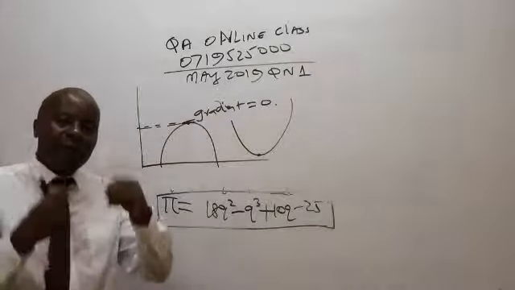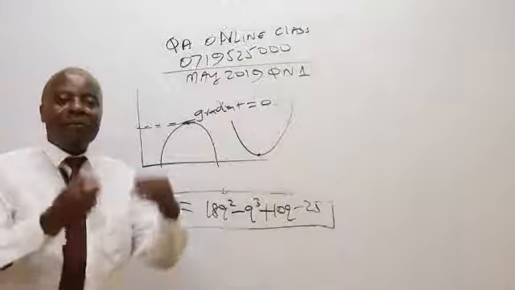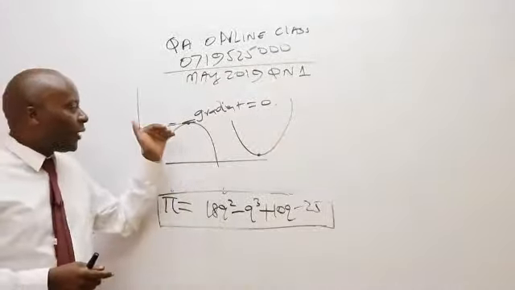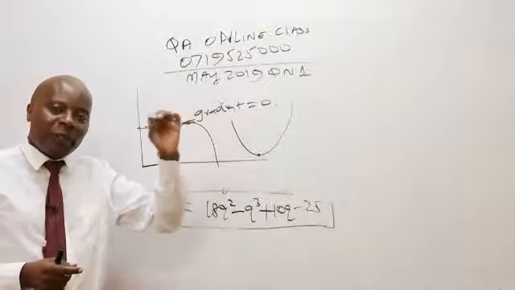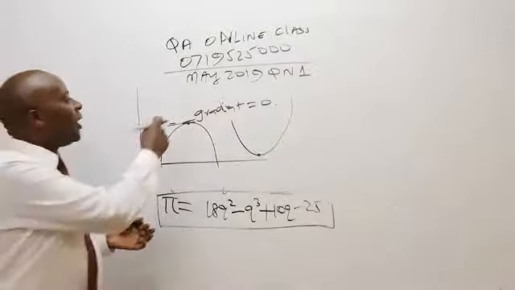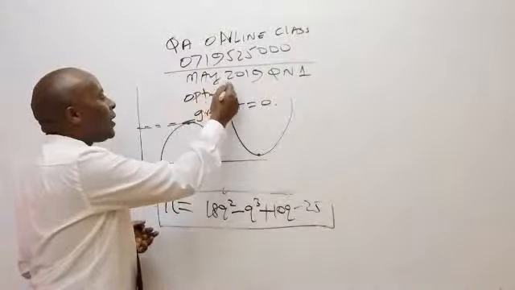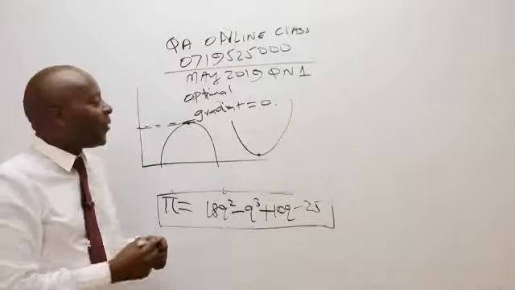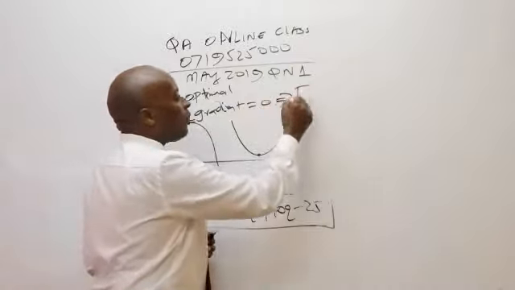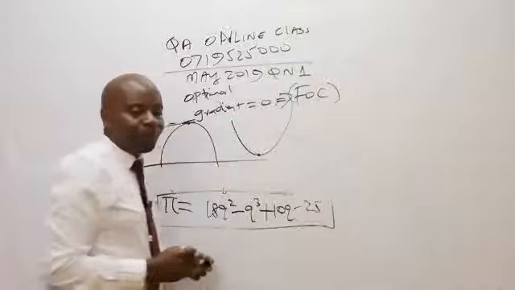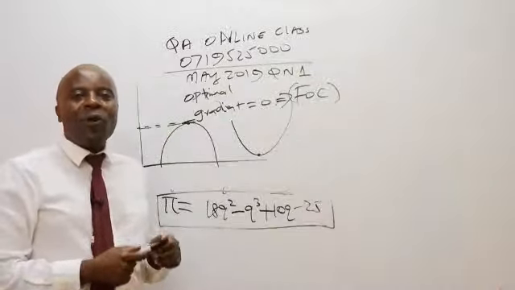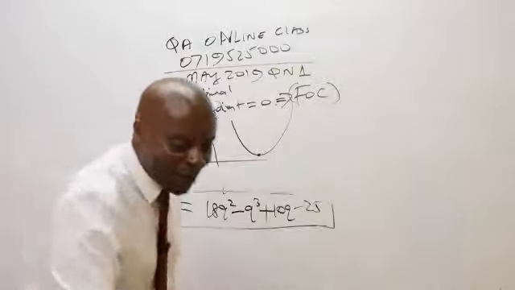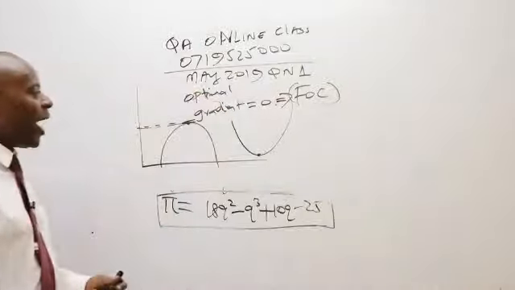Anything you hear about maximizing profit, minimizing cost, you should always know that the gradient at those particular optimal points, you call them optimal points, is always equal to 0. And this is what we call the first order condition.